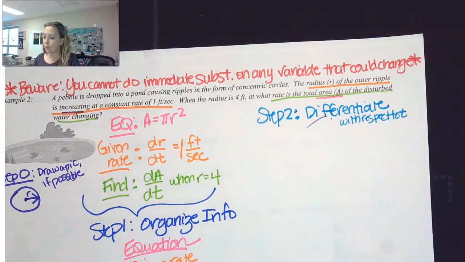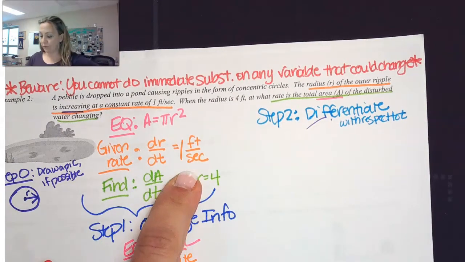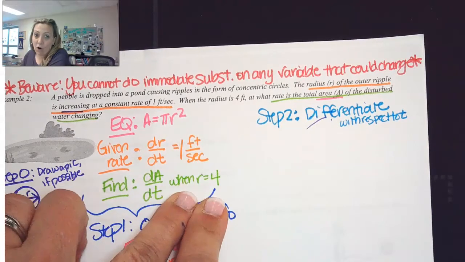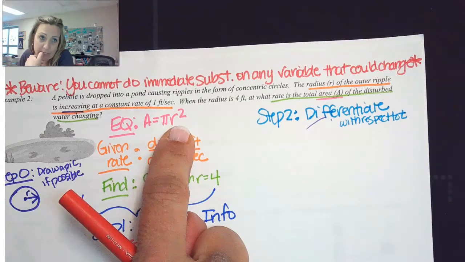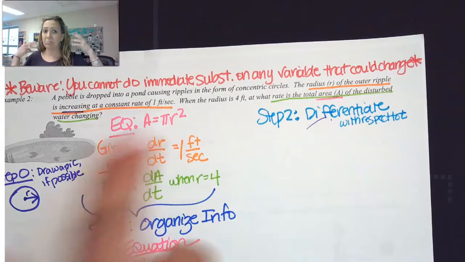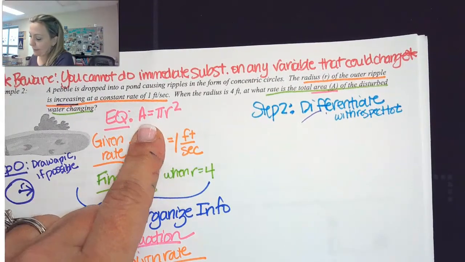It's so important. You can't put in, even though I have this 1 foot per second, or in this case the fact that r equals 4, I cannot put that into the equation, because then I would just be differentiating A equals 16 pi. That's not going to make any difference, right? So you have to wait. So let's differentiate this specific equation.